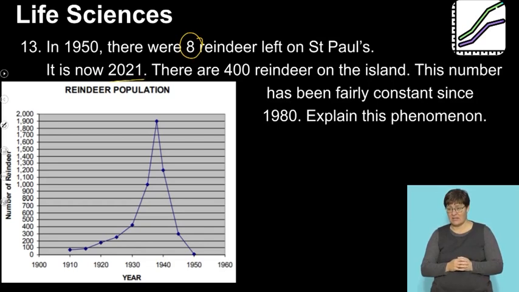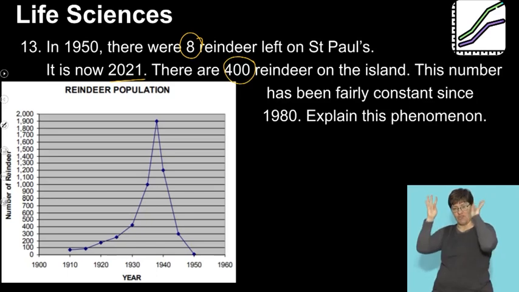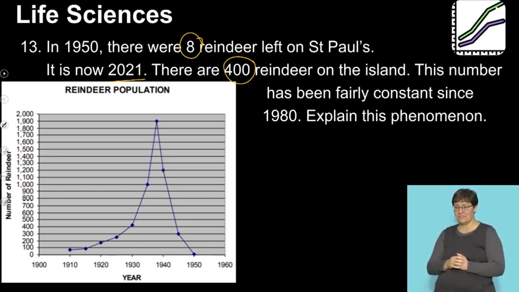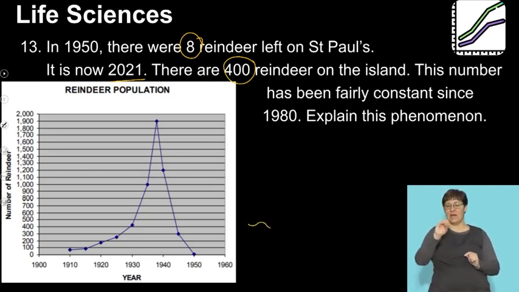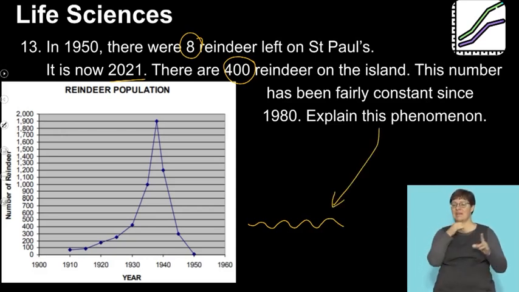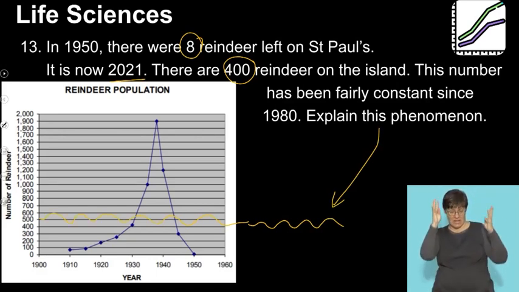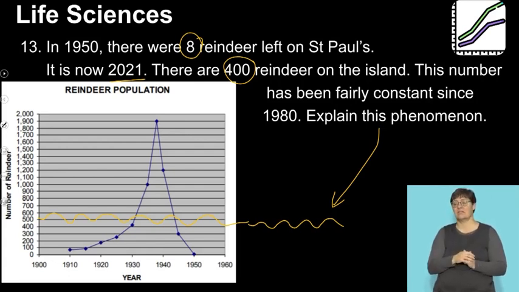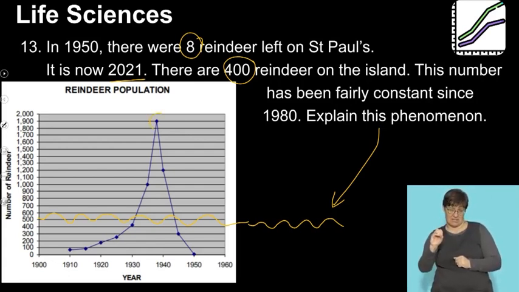It's now 2021, and we've got 400 reindeer on the island. And this number, so we've now gone up to 400, and it's remained constant. Explain this phenomenon. And this phenomenon means that the carrying capacity of the reindeer on the island is in fact around 500, not 1,900 that it originally skipped to.